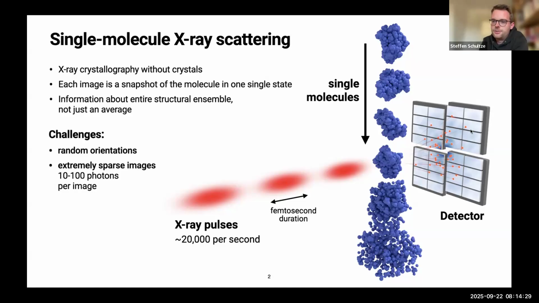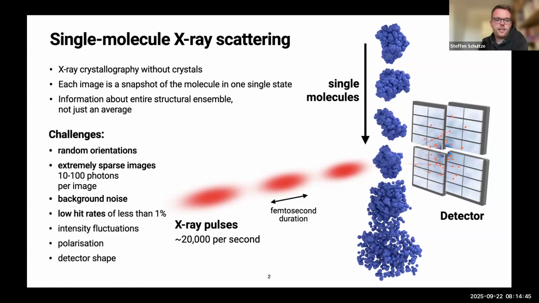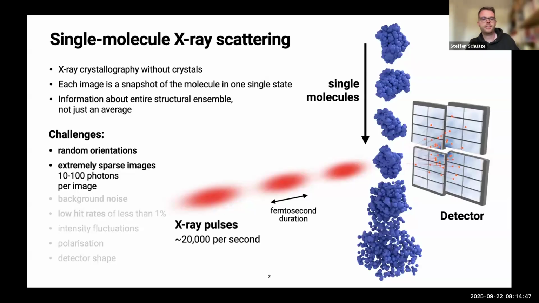So really only, as you can see here in red, the positions of these very few photons on the detector. There is more: background noise is quite substantial, and there is a low hit rate, so one typically only hits a molecule with 1% of the pulses, say. I'm going to neglect these for now and focus on the first two, the random orientations and sparse images.